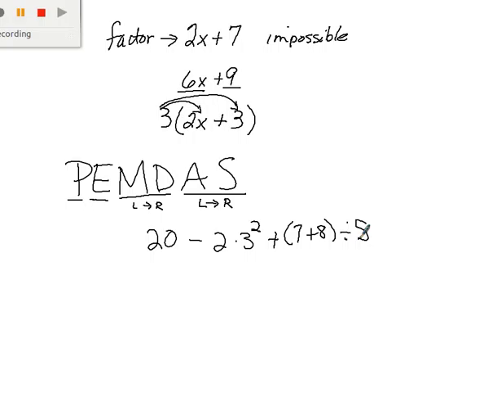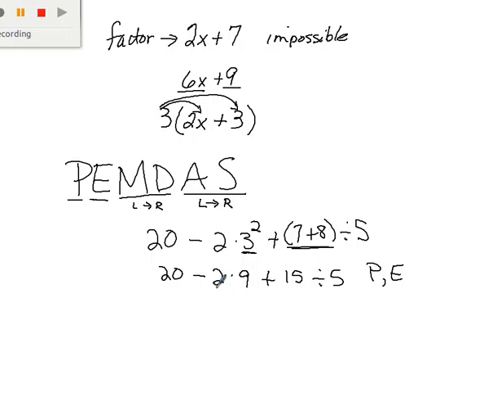Well, you can do parentheses and exponents in here. My suggestion, underline what you can do. I can do that exponent, I can do that parenthesis. Rewrite the problem: 20 minus 2 times 9 plus 15 divided by 5. Your justification would be parentheses and exponents.